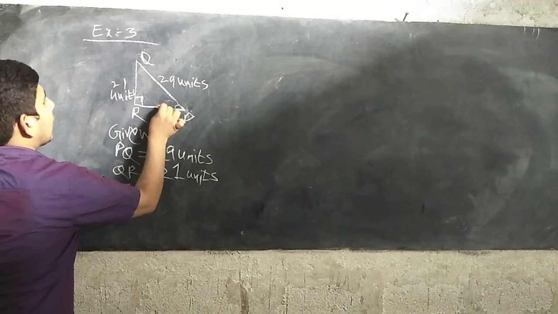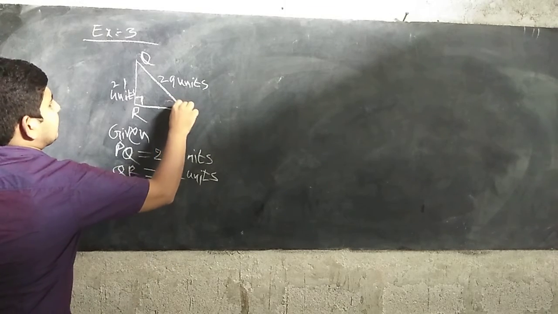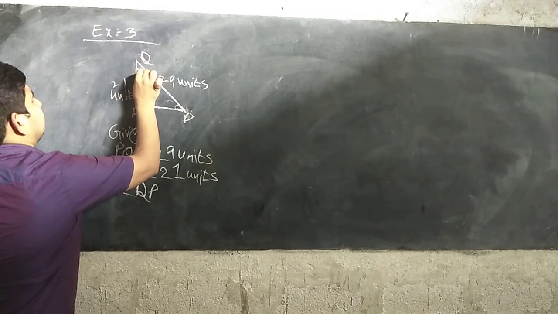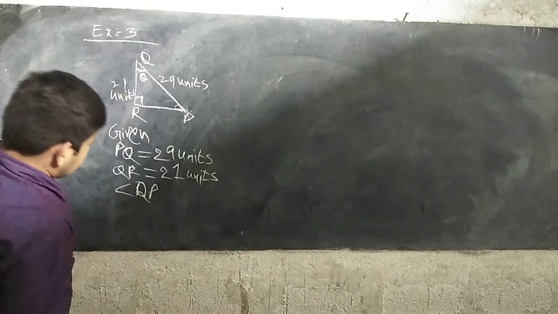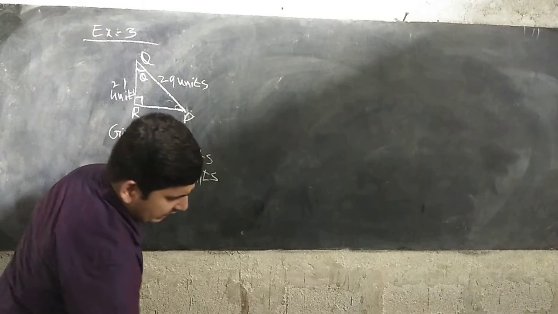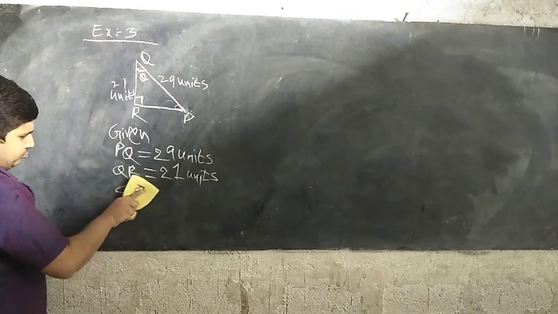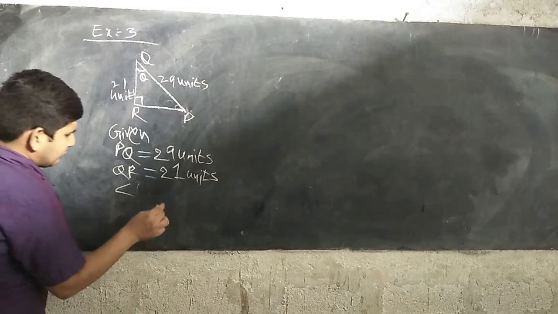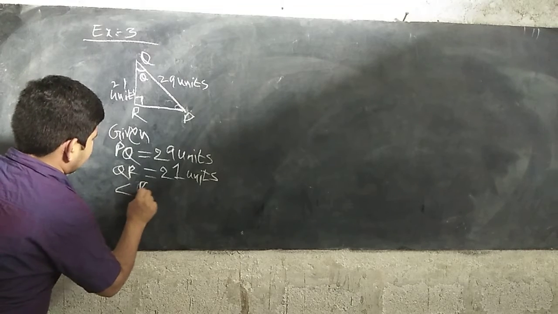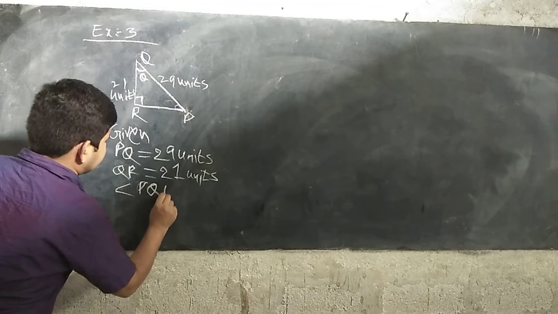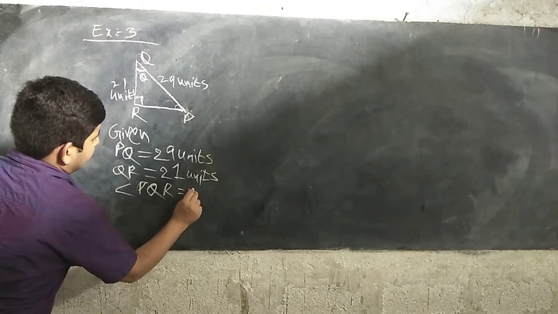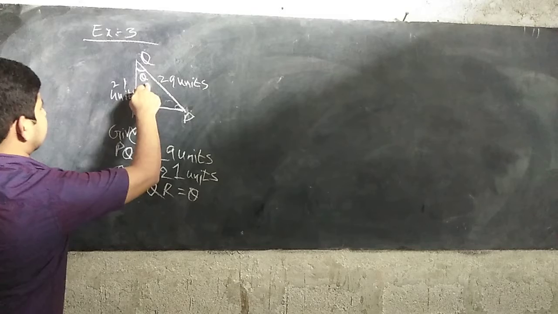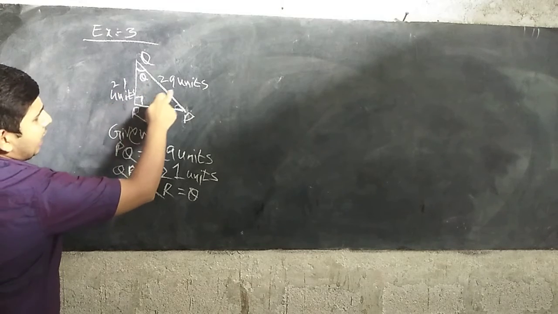Given that angle PQR is equal to theta, so theta is at the point Q. Now for theta, the adjacent side is given and the hypotenuse is given.